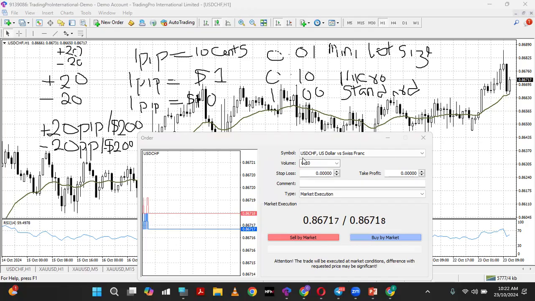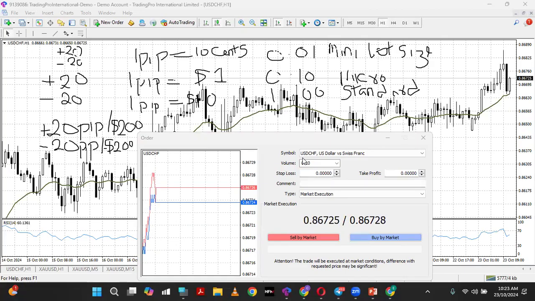The lot size does not shift when you move accounts. The lot size remains the same. And if you're in a haste to take a trade on your live account without knowing that the lot size followed you from your demo account to your live account, and the trade moves 20 pip or 10 pip against you, if your account is $200, half of your account is gone with a 10 pip move against you.